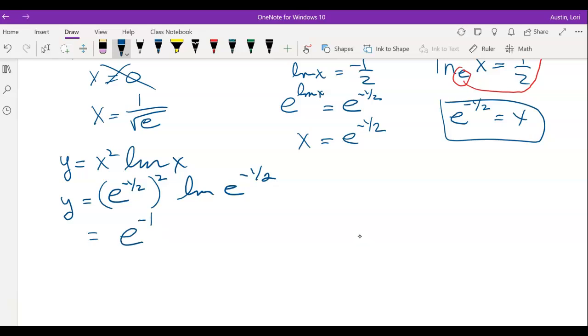How do we work with logs? Do you remember how to get rid of a power in a log? A property of logs says that ln of e to the negative 1/2 is equal to negative 1/2 times ln of e. The power can go out front as multiplication. So I can move the negative 1/2 out front, and then I'm left with ln of e.